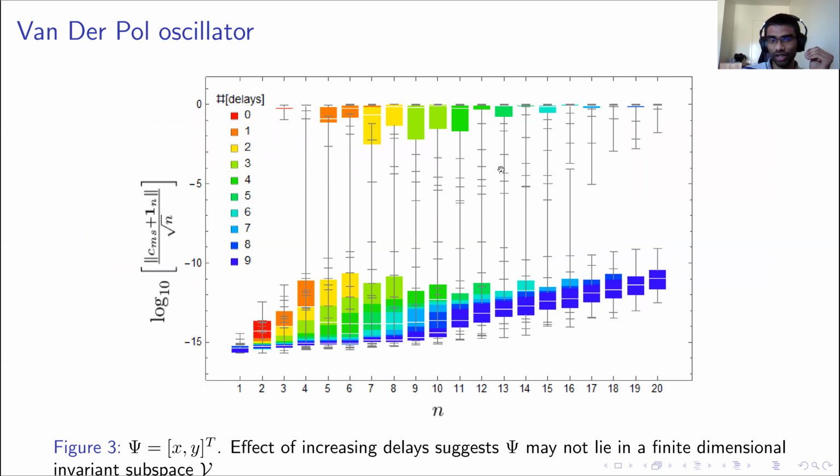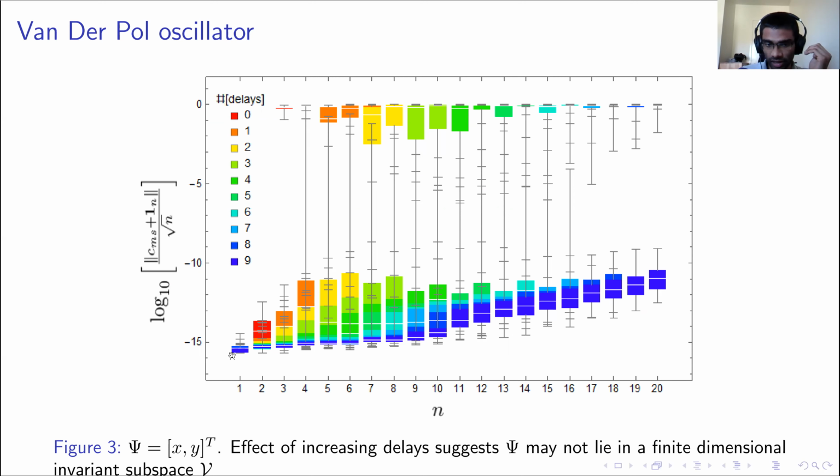The next example is one where you don't have a handle on what your dictionary is precisely doing. So here, the set of observables you're choosing are just the state variables for the van der Pol oscillator. And what you see here is that the transition from spectral equivalence to not depends on the number of delays you take.